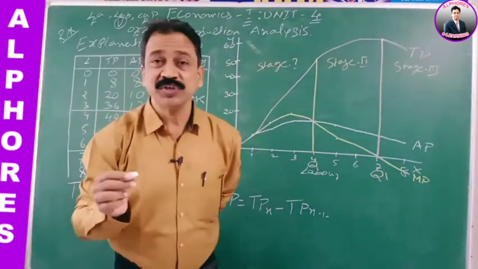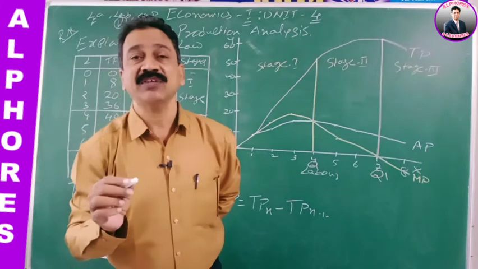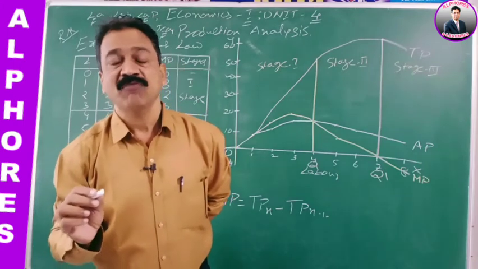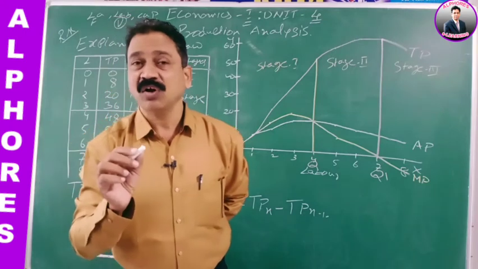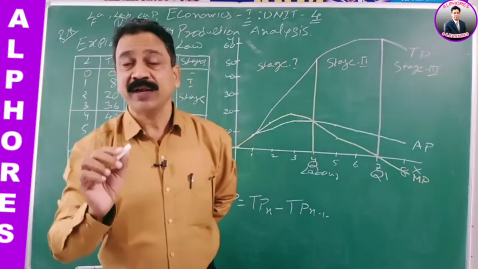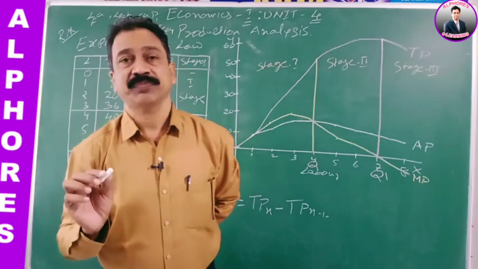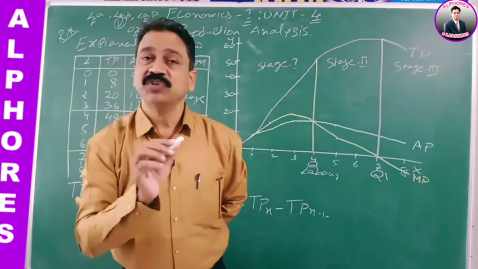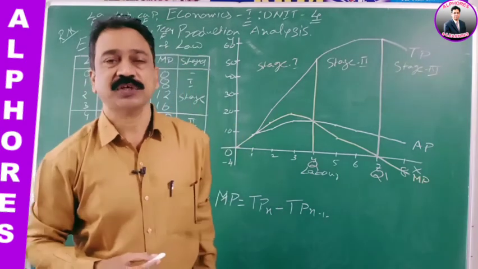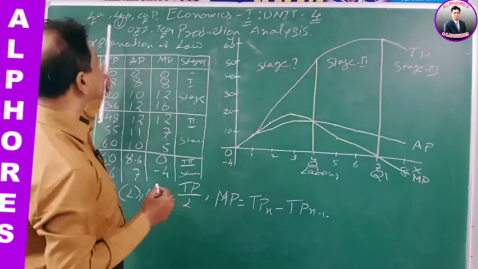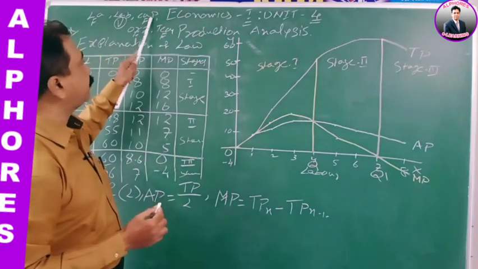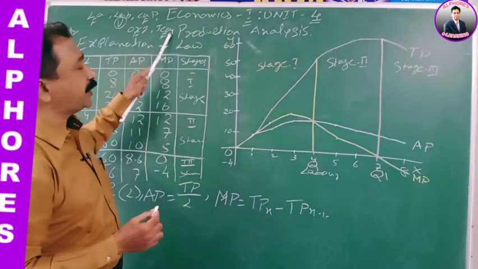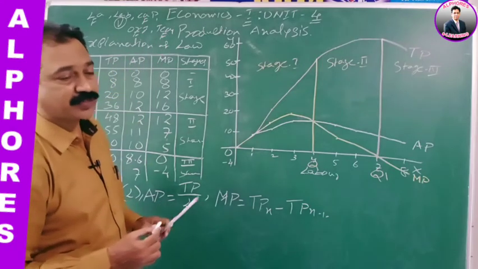What can be changed in short period is called as variables, which cannot be changed in a short period is called as fixed. These are all called as short period analysis. In a short period, what can be changed, what cannot be changed. Labor and raw material can be changed, but land, capital, organizer and technology cannot be changed.